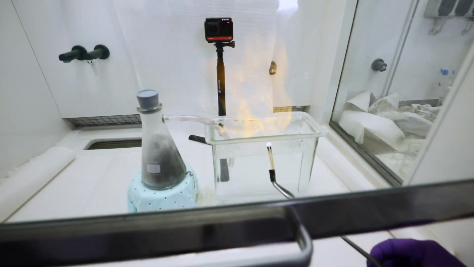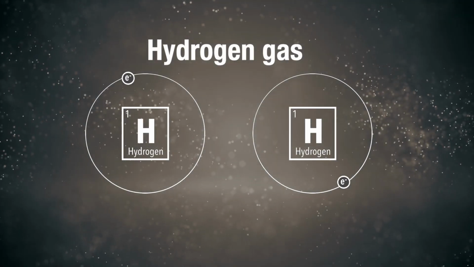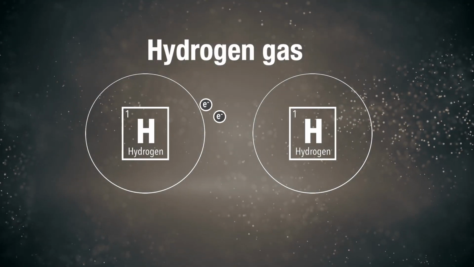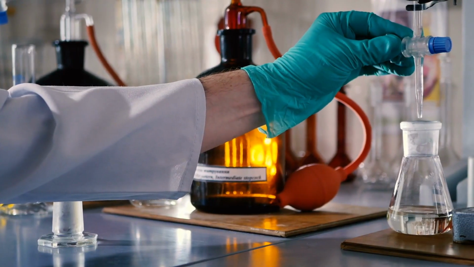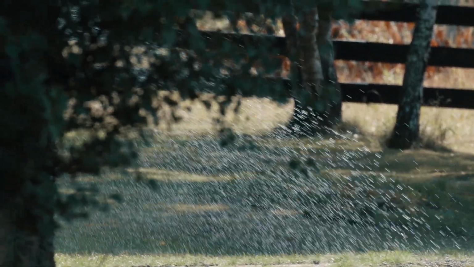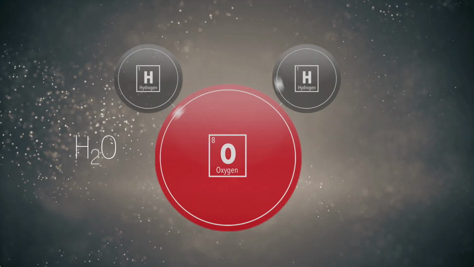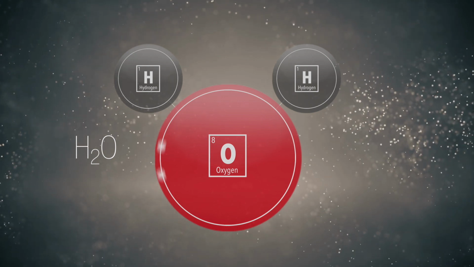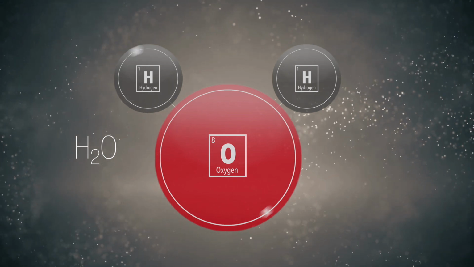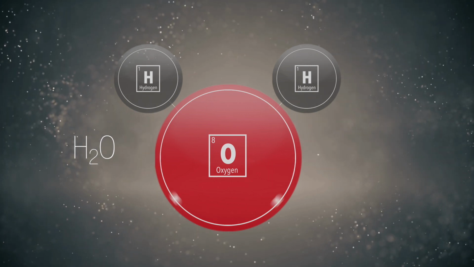The simplest example is hydrogen gas, where the two hydrogen atoms share both available electrons and therefore fill their first electron shell. But the different elements in a molecule can have different abilities to pull electrons to them. Take water, for example. The electrons move around both the hydrogen atoms and the oxygen atom, but the oxygen atom attracts the electrons more strongly, so the electrons end up being pulled to the oxygen atom more than the hydrogens.